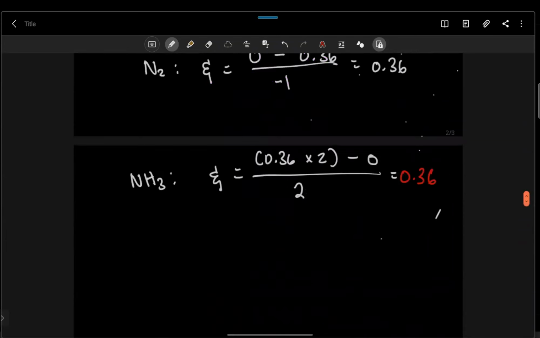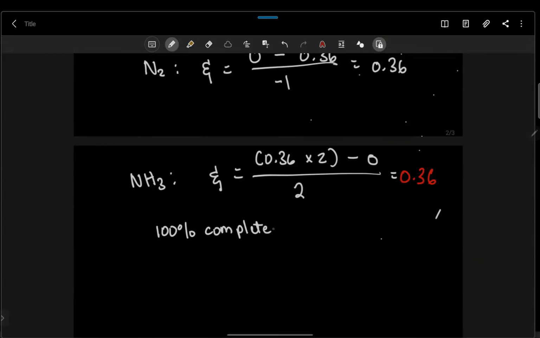It's also the moles of the limiting reactant. Tama? That's the moles of our limiting reactant. So if the reaction is 100% complete, let me write that down.